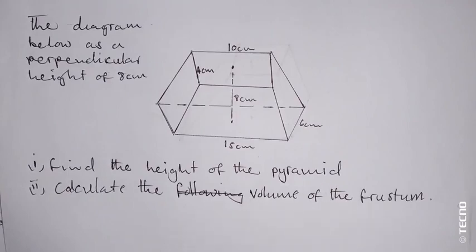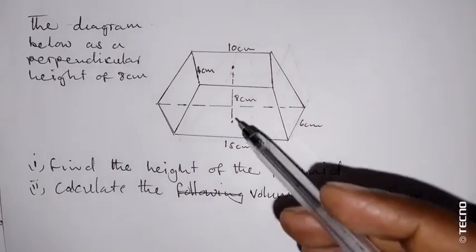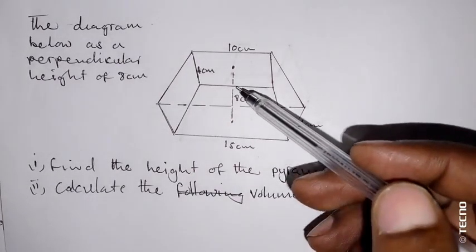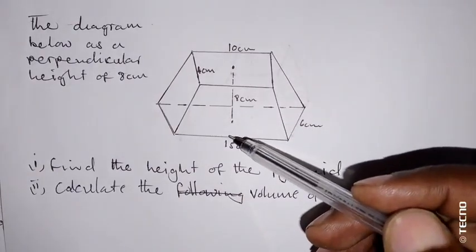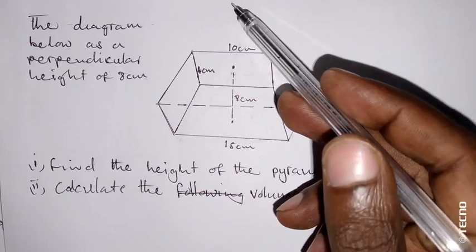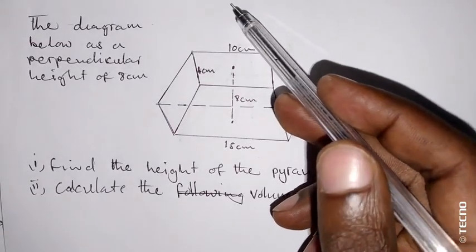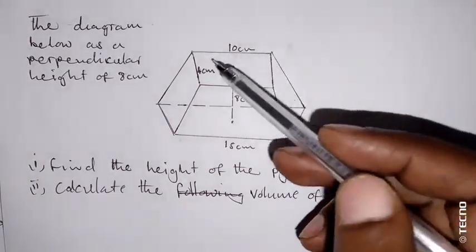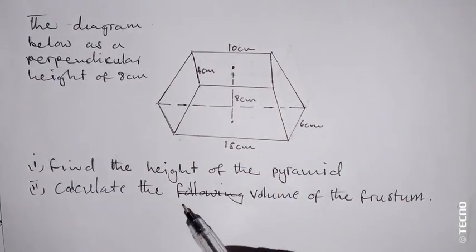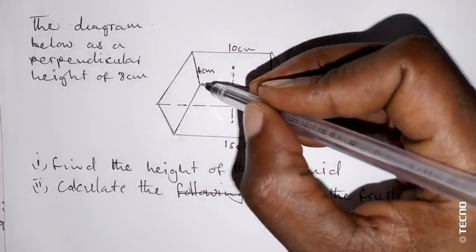To find the height of the pyramid, how are we going to find it? It means we are going to find the total height from here up to where it was before we cut it in half. It's like you just extend this part.